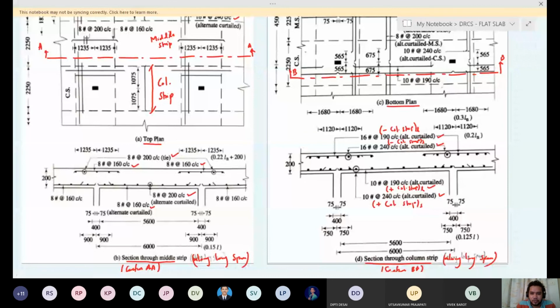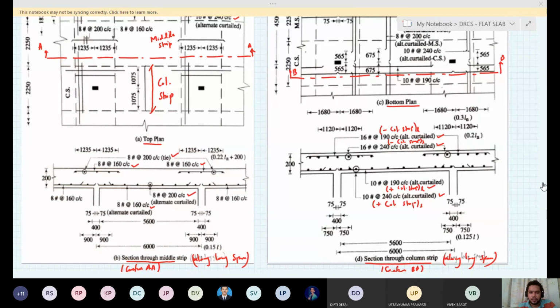If you have any doubt, we can discuss it. Do you have any doubt? Okay, so in the next lecture, we'll see other cases of flat slab also.